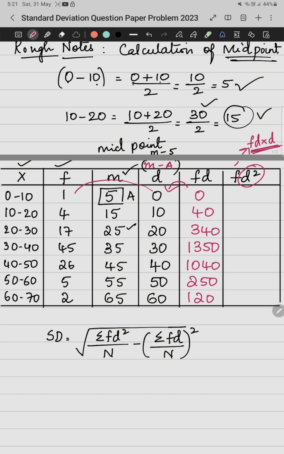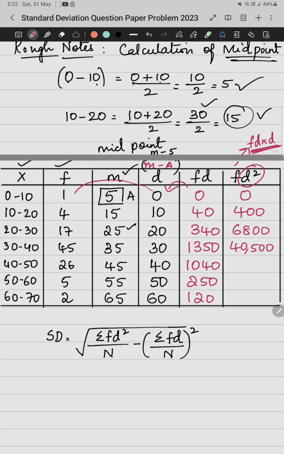Now FD square is FD into D. So 0 into 0, 0. 40 into 10, 400. Next, 340 into 20, 6800. 1350 into 30 is 40,500.